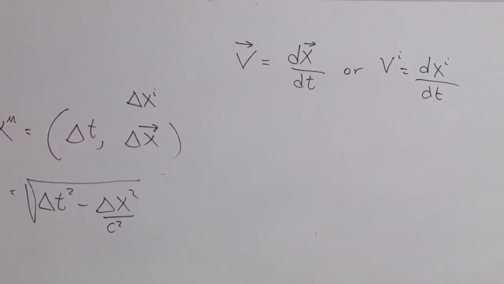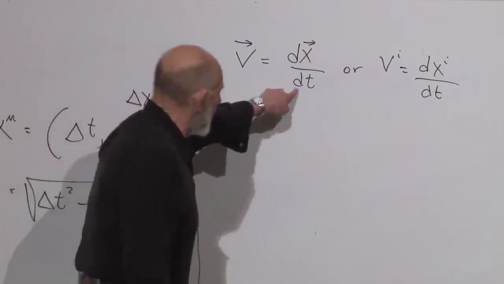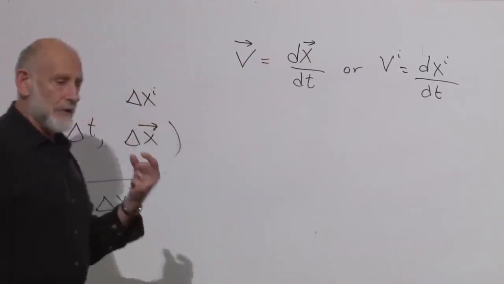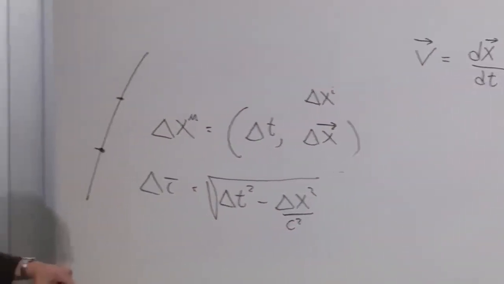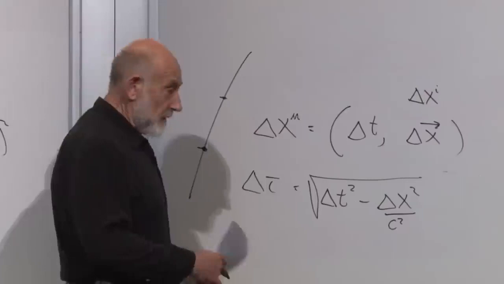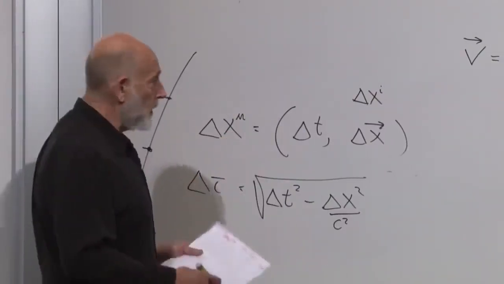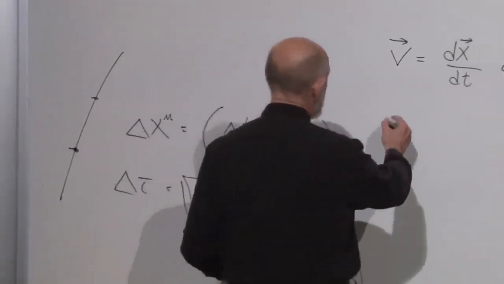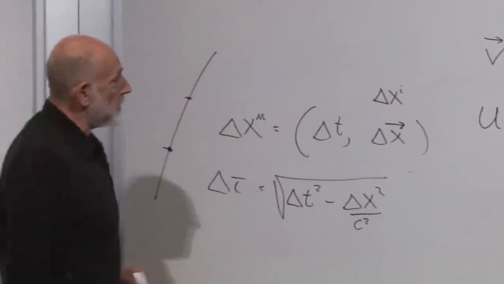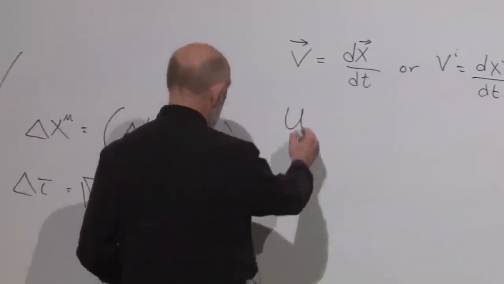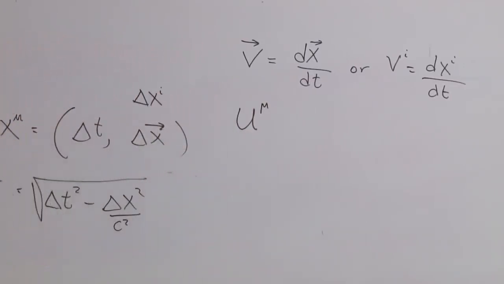A more invariant relativistic notion of velocity is, instead of using t down here, refer the separation of coordinates to the proper time instead of to the frame-dependent ordinary time. That gives rise to something called four velocity. It doesn't have three components. It has four components. So it has a mu up here. The mu stands for the four components.